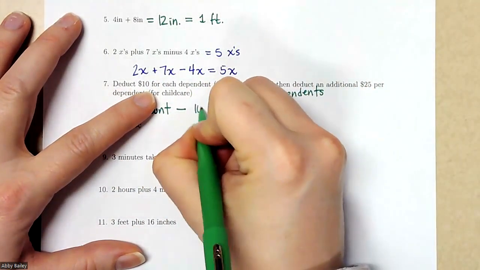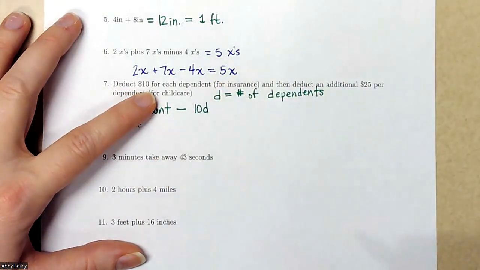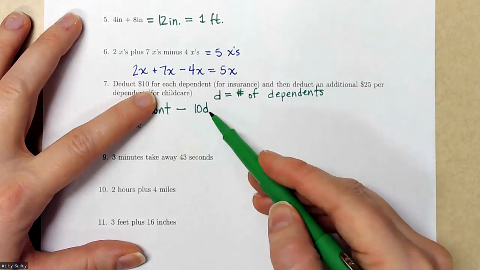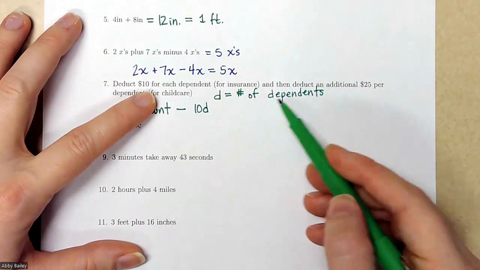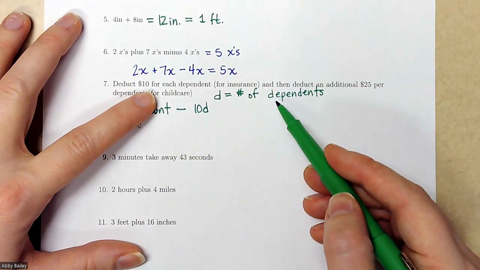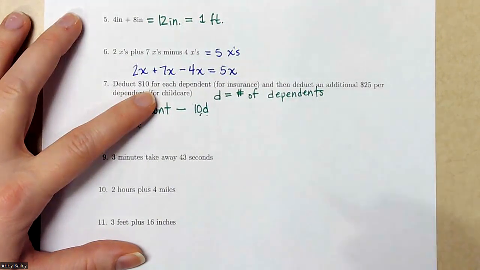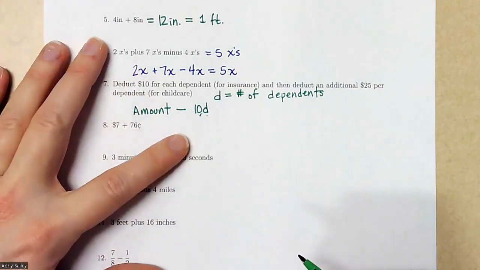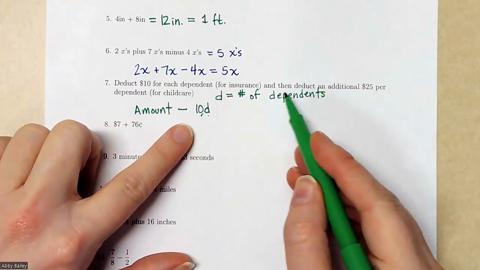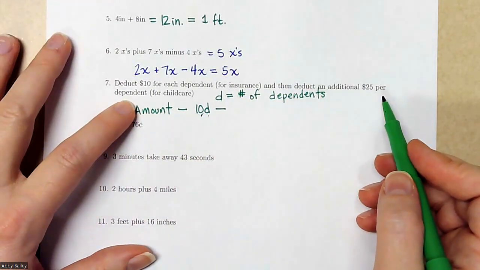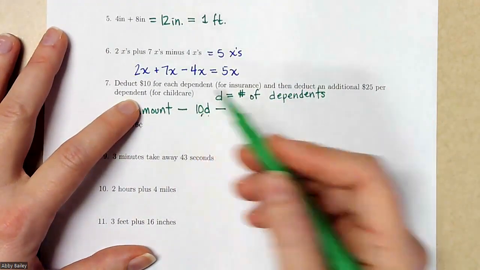Okay, so $10, but D times, right? Because if we had 2 dependents, we would do this 2 times. If we had 4 dependents, we'd have a busy house and we would have 10 taken away 4 times. And then deduct an additional $25 per dependent for childcare.